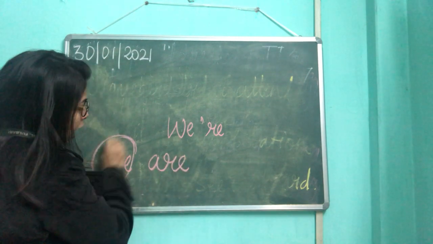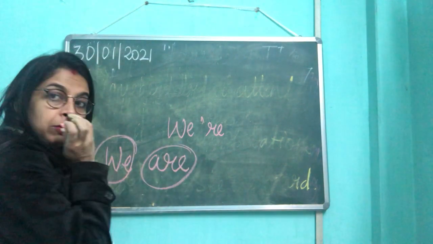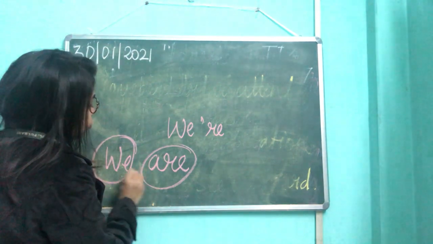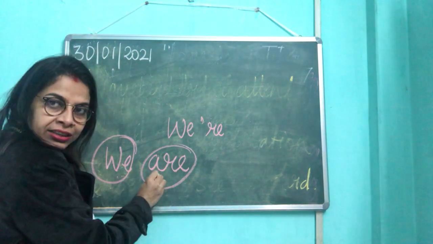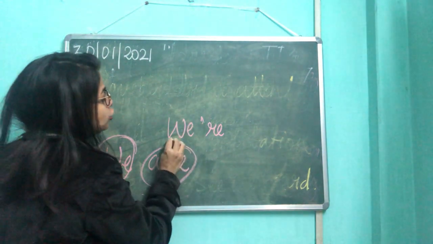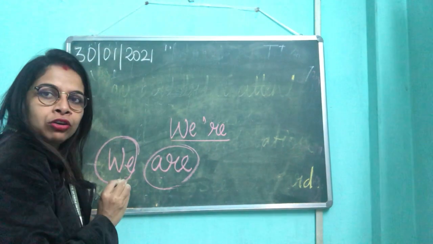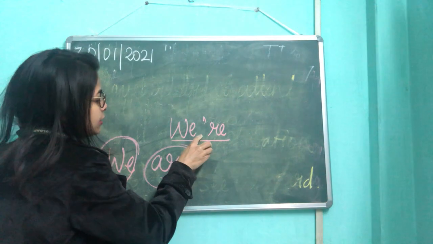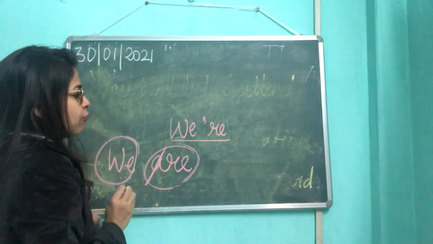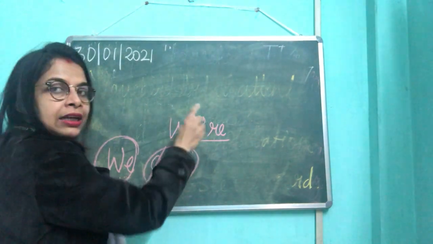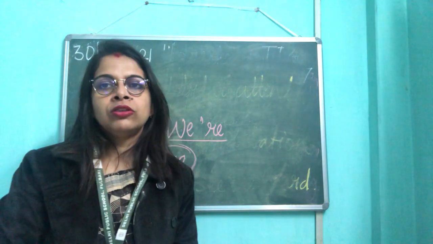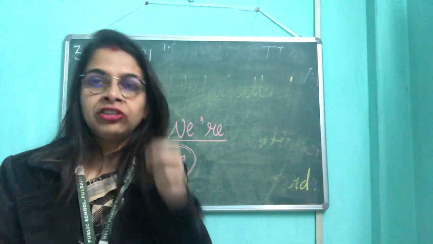This is a pronoun, this is a helping verb. So they are two different words, right? So we are joining them, we are linking them with an apostrophe on top. How? We are taking away a from there and denoting it with an apostrophe on top. So that is called a contraction. Why?